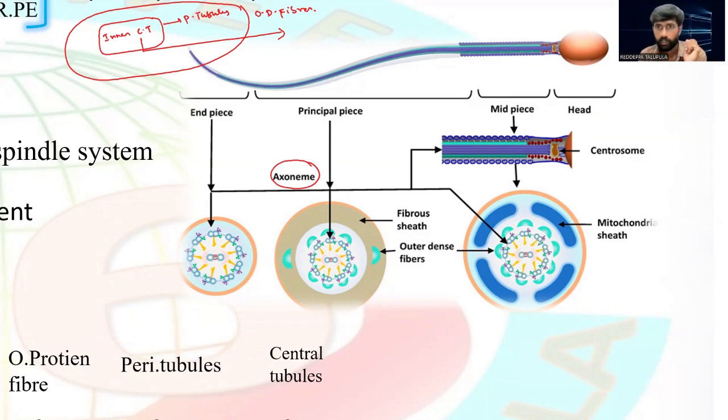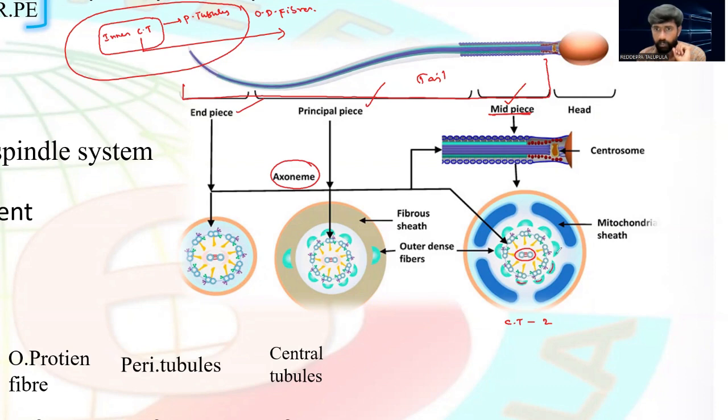Let us see that. Okay. See, it is the tail from here to here. It is the tail region. Already I informed that it is divided into three: middle piece, principal piece, and end piece. See, in the mid piece, central tubules, two are present.